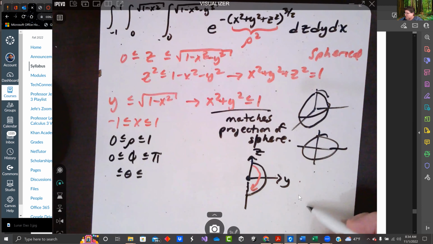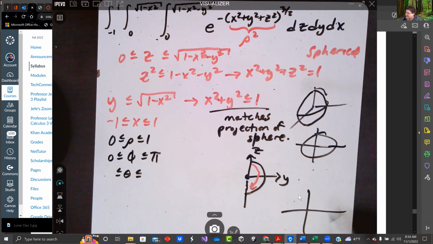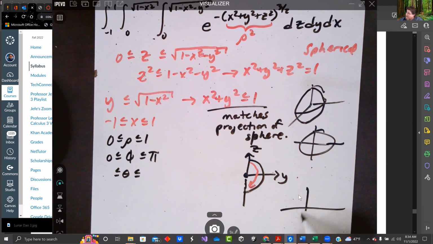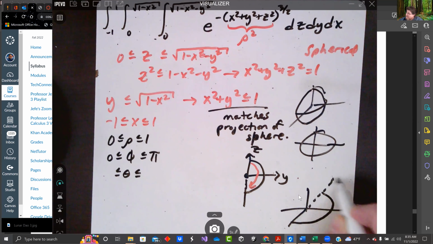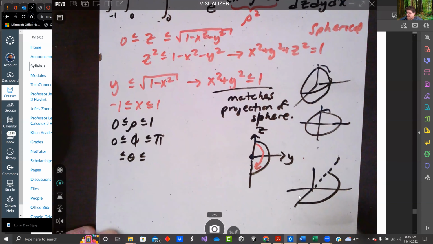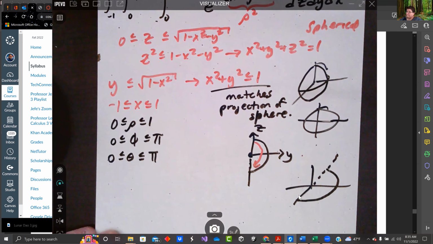In terms of the XY plane, let me do the 3D. X is here and it's rotating, going this way to the back half of X. So theta is going 0 to pi as well. It doesn't go the full 2 pi.